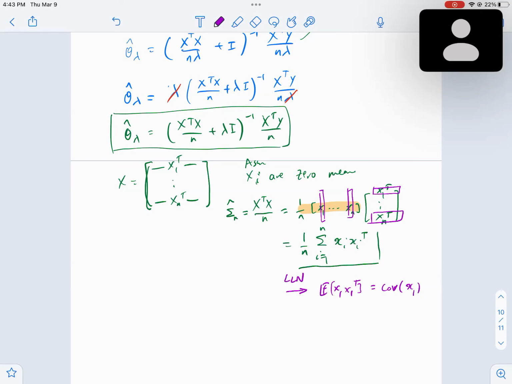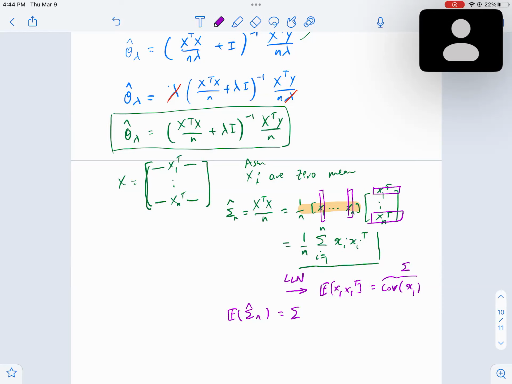It's the covariance matrix, right? If these are zero mean, this is really an estimator of the covariance matrix of the features. And it's also an unbiased estimator. I'm going to assign a homework problem to show that, without things going to infinity, the expectation is really equal to sigma. I'm going to call this sigma.